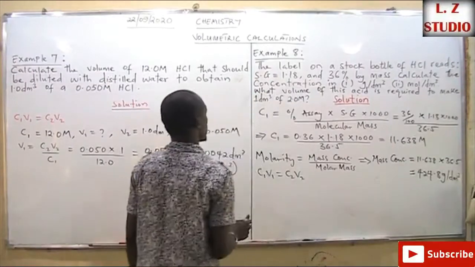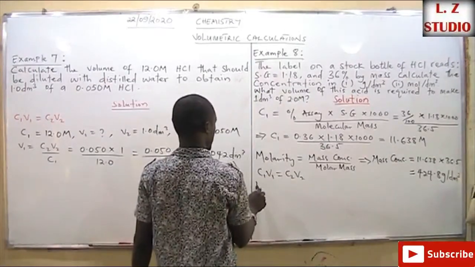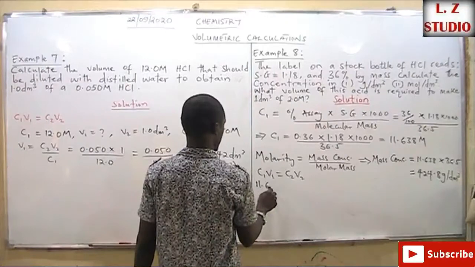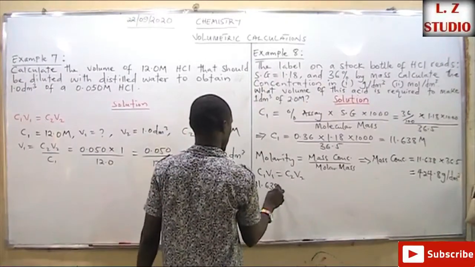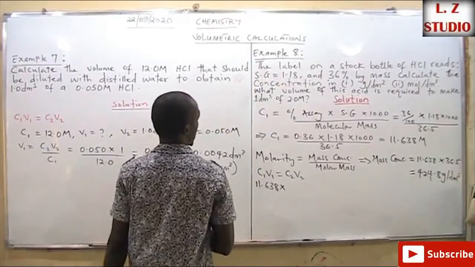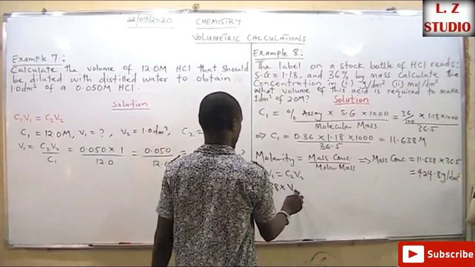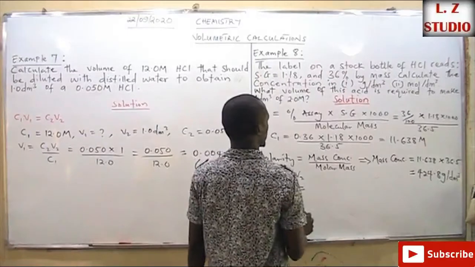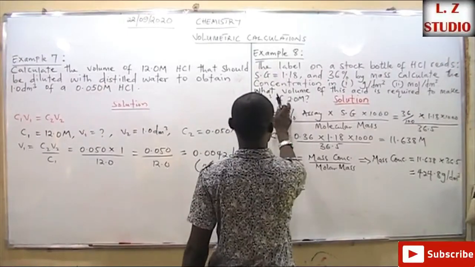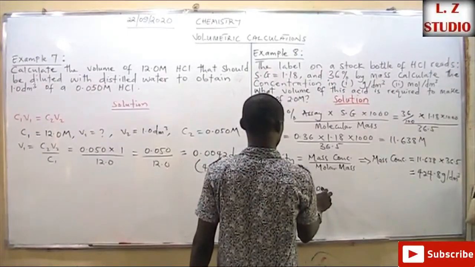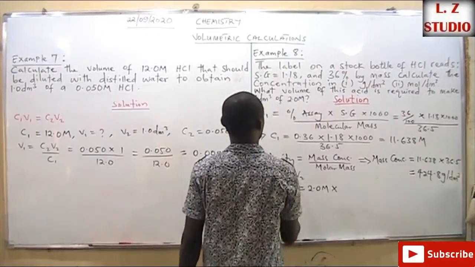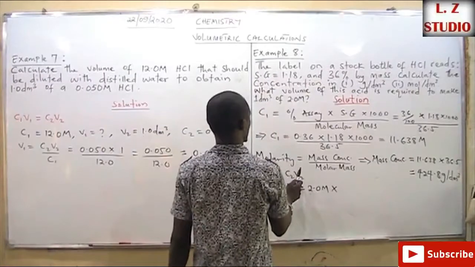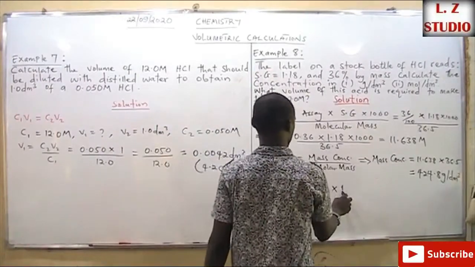Our C1 is 11.638, times V1, which we don't know; that is what we are calculating. Then C2 is 2.0 molar, times our V2, which is 1 dm cube here.